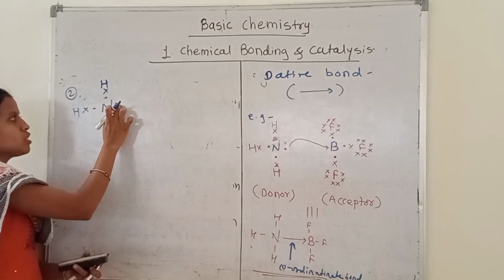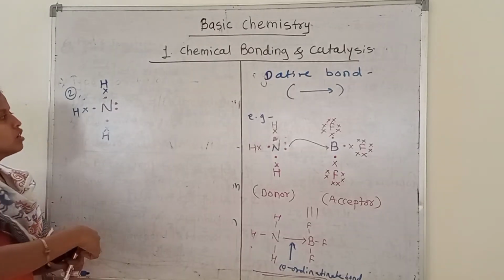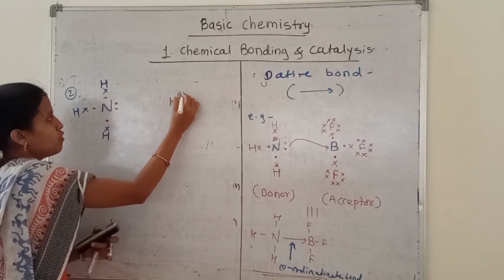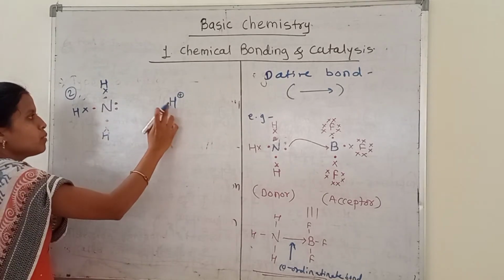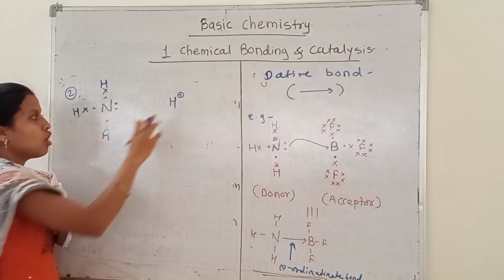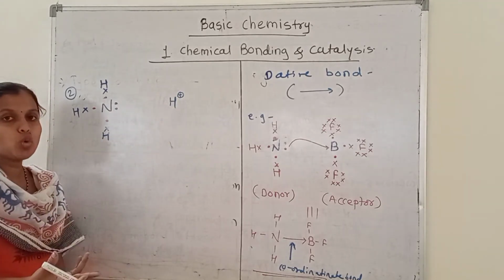But the nitrogen also has a lone pair of electrons. This other hydrogen ion is electropositive in nature, having no electron, and to complete its shell the hydrogen requires 2 electrons.